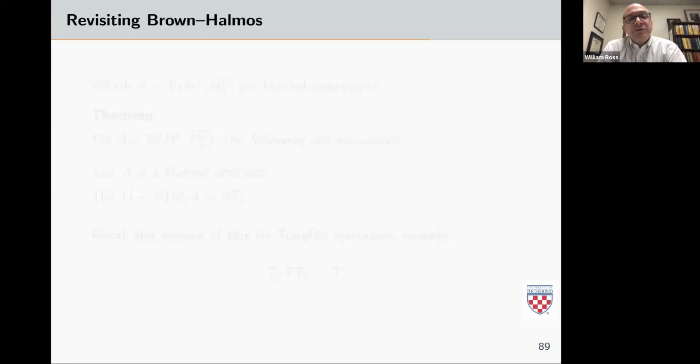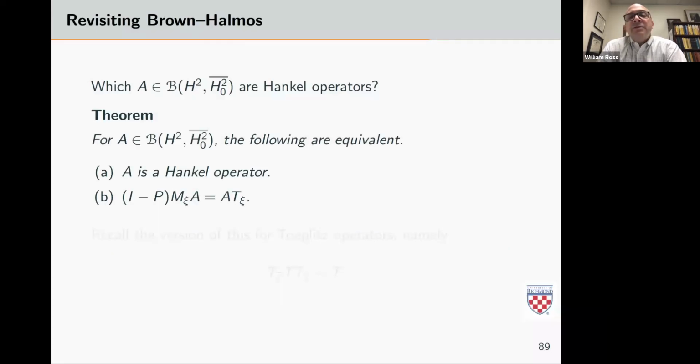All right, there's a version of the Brown-Halmos theorem here. Do you remember the Brown-Halmos theorem was for Toeplitz operators, and it characterized which operators on H2 are Toeplitz operators? And there was a nice operator identity that took place. So which bounded operators from H2 to H2 perp are Hankel operators? And it's this theorem. So this is a version of it. A is a Hankel operator if and only if this operator identity holds. So let me reorient you to all the little pieces here.